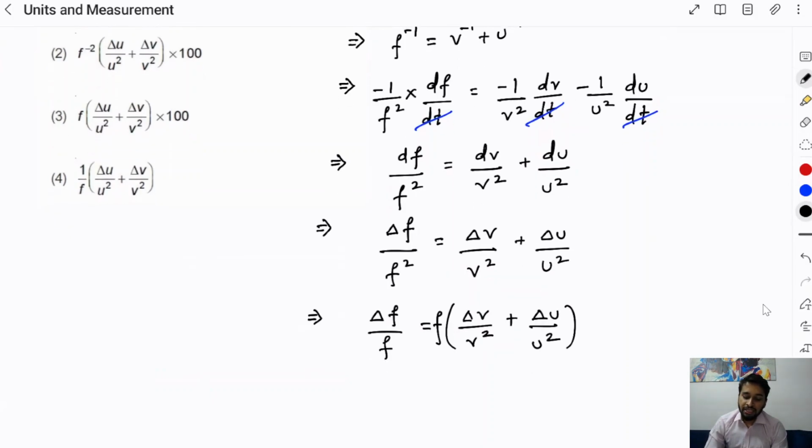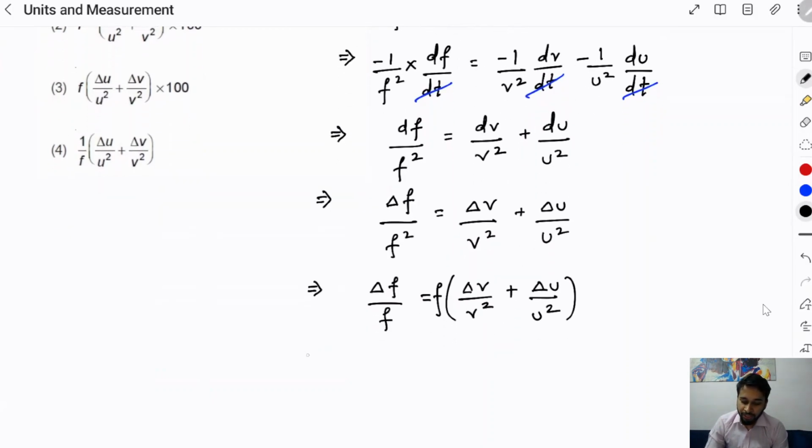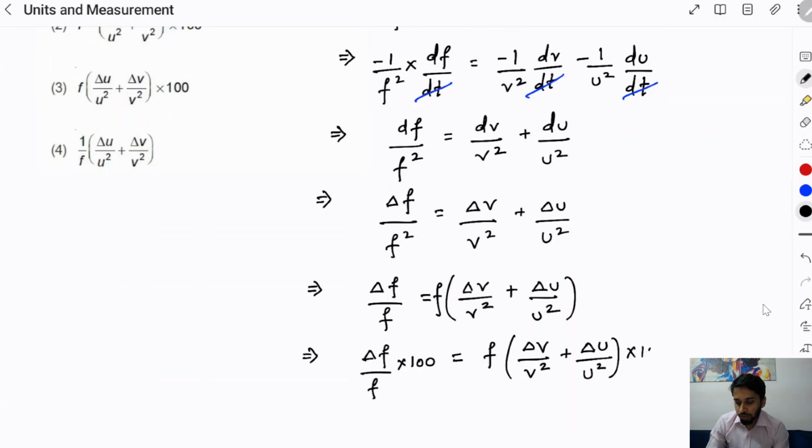Now for percentage error we need to multiply both sides by 100. So the percentage error in F, that is delta F by F into 100, will be equal to F into delta V by V square plus delta U by U square into 100.